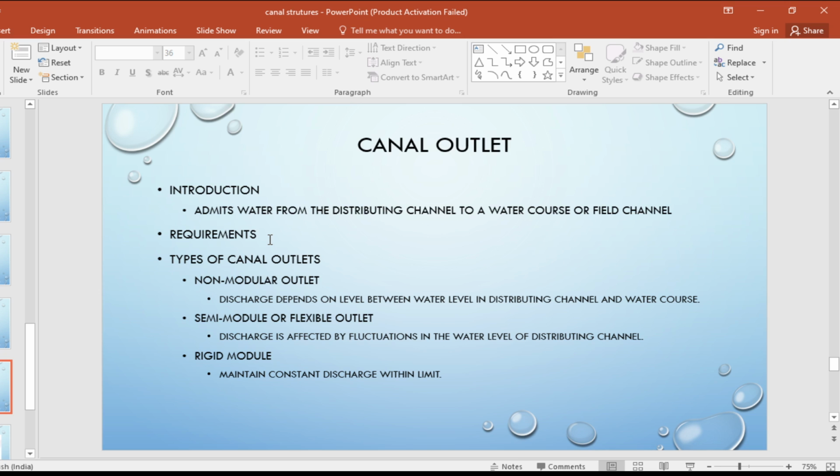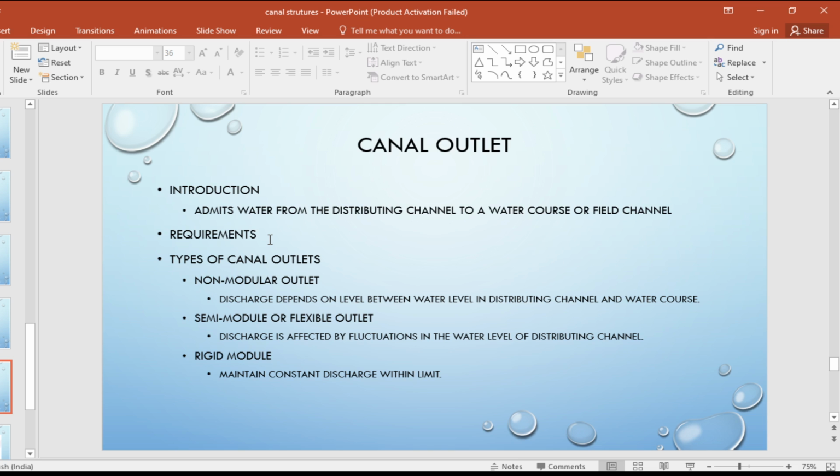First, the outlet should be strong, with no moving parts liable to be damaged or requiring periodic attention and maintenance. The outlet should be strong enough, and it should not contain moving parts which will apparently get damaged.